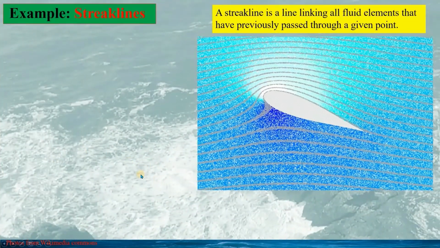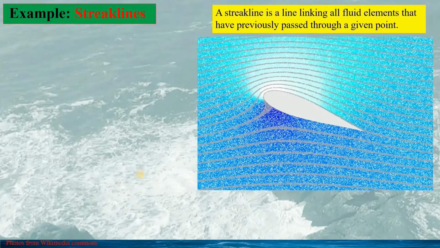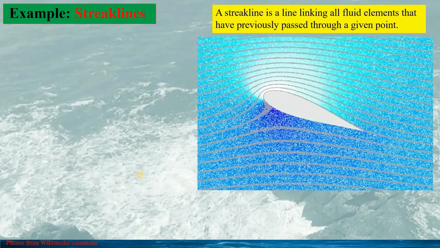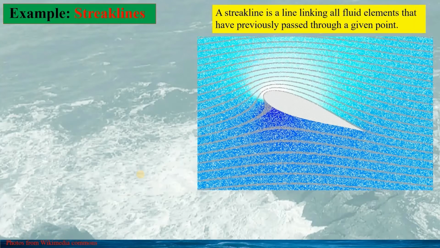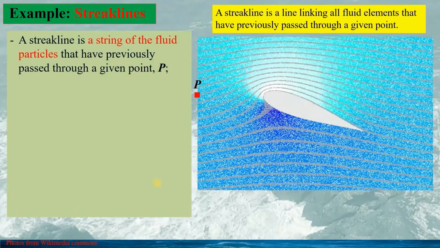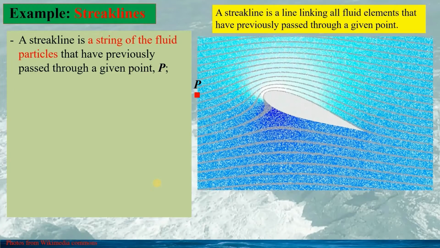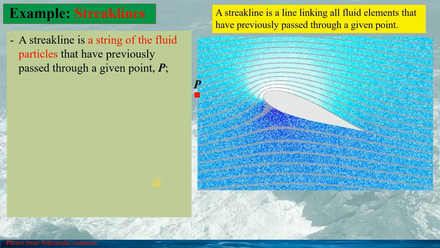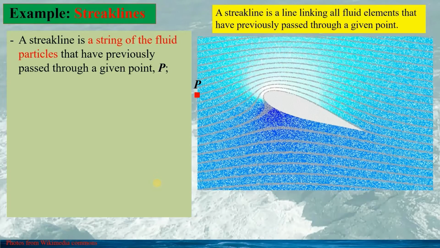A streakline is a line linking all fluid elements that have previously passed through a given point. So a streakline is actually a string of fluid particles that pass a given point.